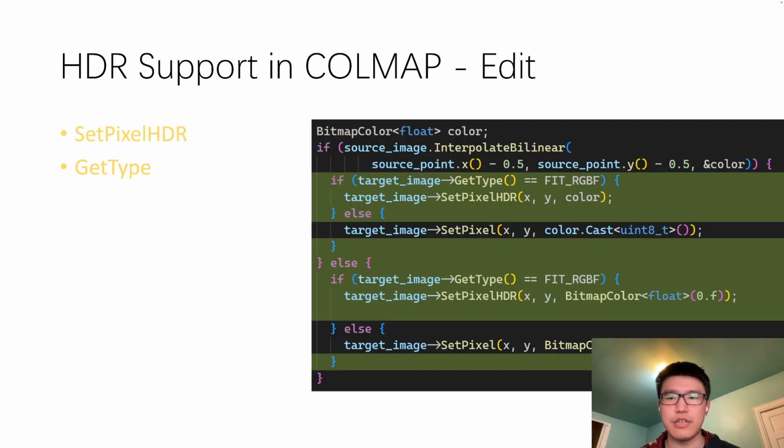After extracting structure from motion data, the other part 3D Gaussian splatting requires is the undistorted images. To generate such images, we need the support to edit pixel data directly. Here, I wrote a setPixel HDR function specifically for HDR data, since the data layout is very different for HDR and SDR data.